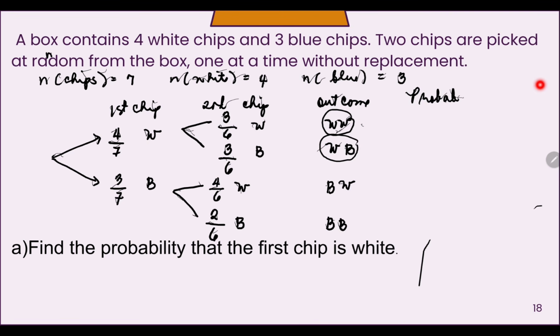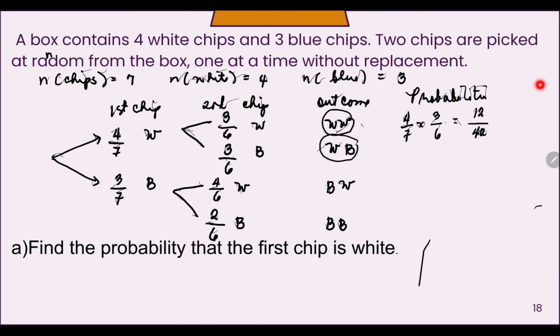What are the probabilities? Let us also write here probabilities. Okay? For white, that would mean to say you have 4/7 times 3/6, giving us an answer which is, let us not reduce it first. 4 times 3, it's 12. Then 7 times 6, we get 42.